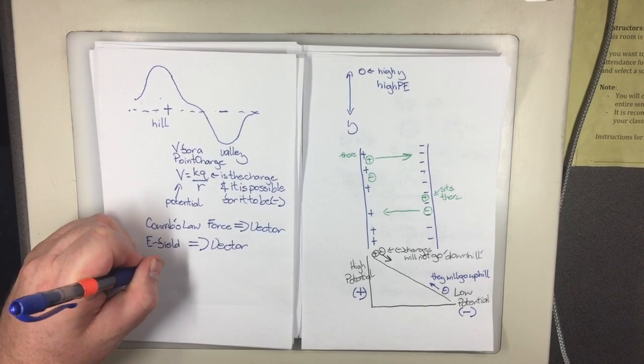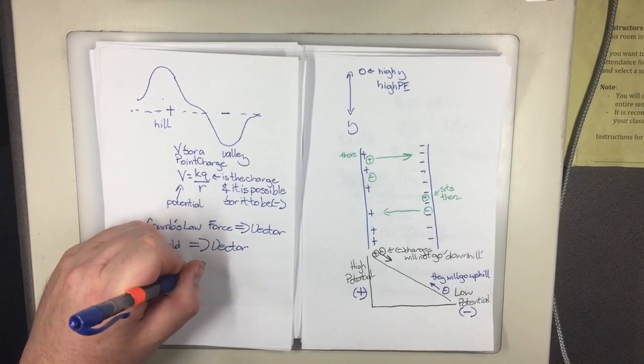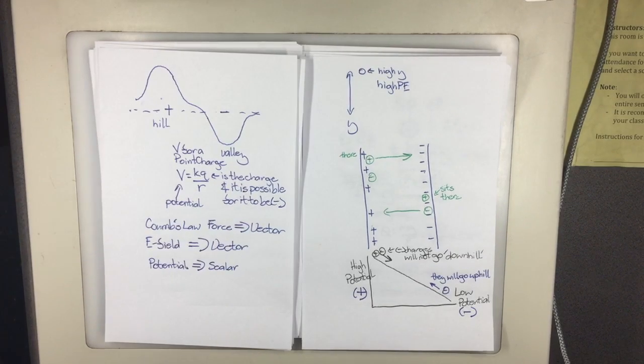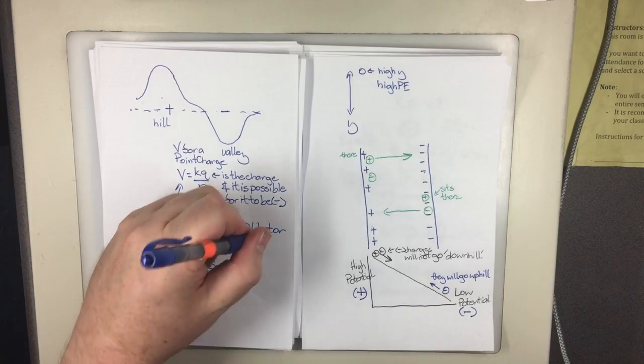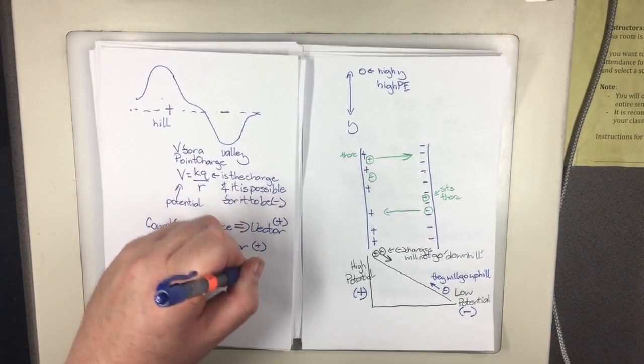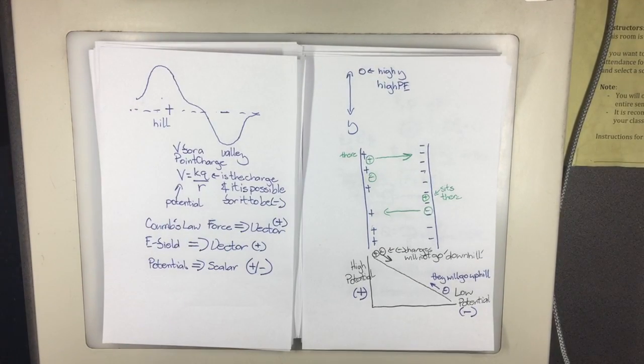Potential is a scalar. It's a value. It could be positive or negative. So a scalar, you can have it as a positive or a negative value, just as you could say you have a positive or negative altitude.